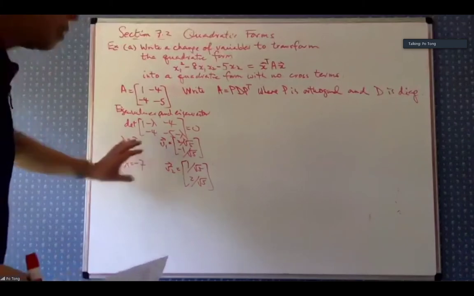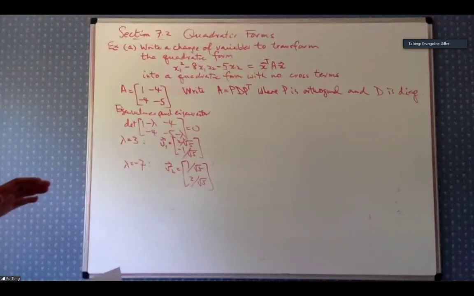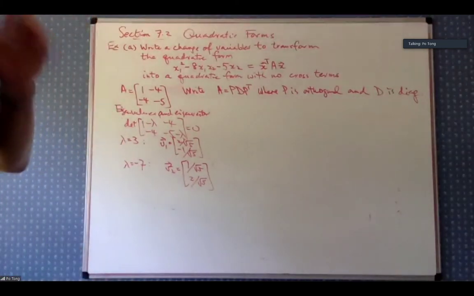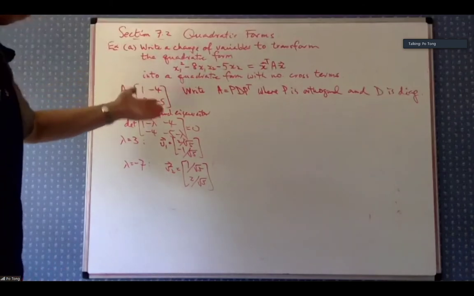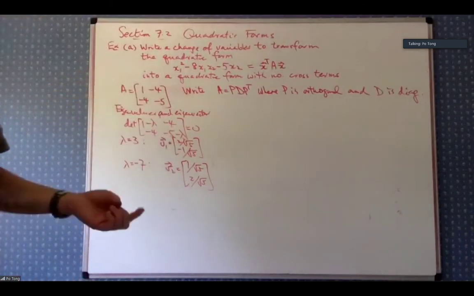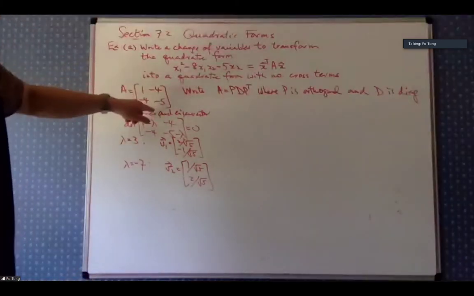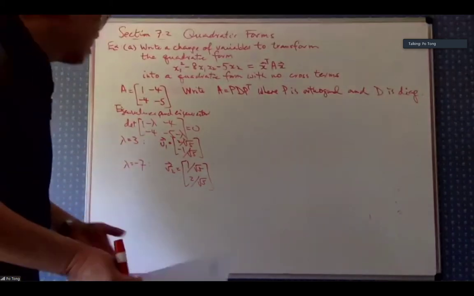Is it because A is symmetric? Yes, because A is symmetric. Why is A symmetric? The way that we construct it forces it to be symmetric: we take this thing and divide by 2, so by definition it is symmetric.